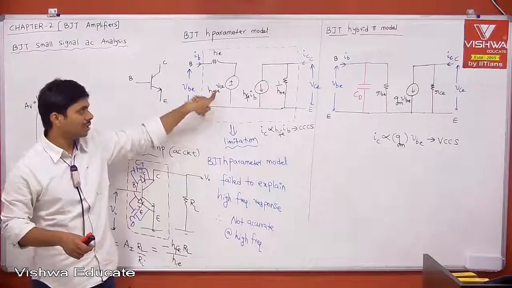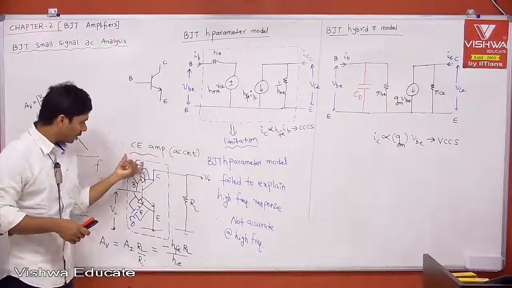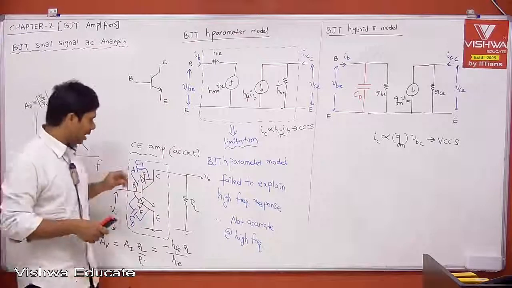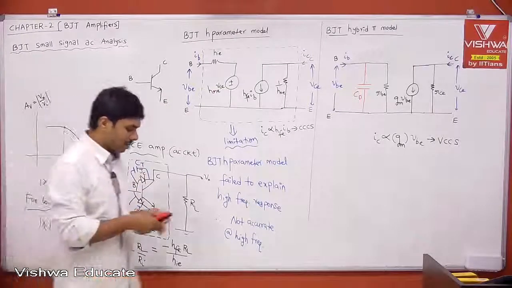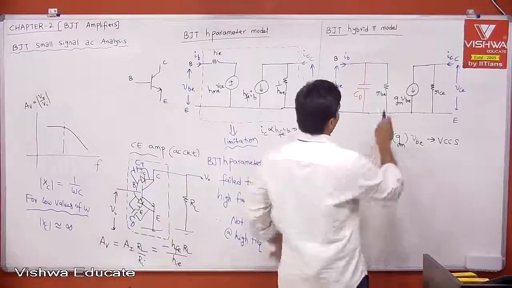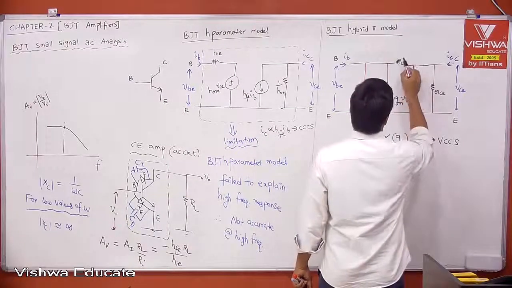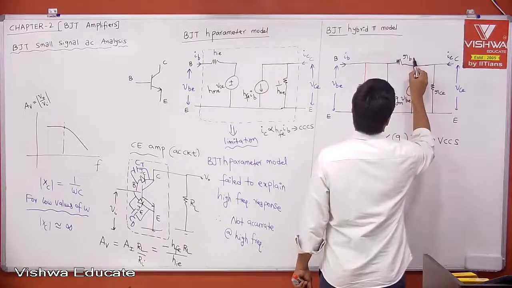Now to account for HRE, and 1 by HOE is already added, which is RCE. To account for this HRE VCE effect, and accounting for the transition capacitance which is CT between base and collector, because this is under reverse bias, that resistance is represented. This is the resistance RBC.